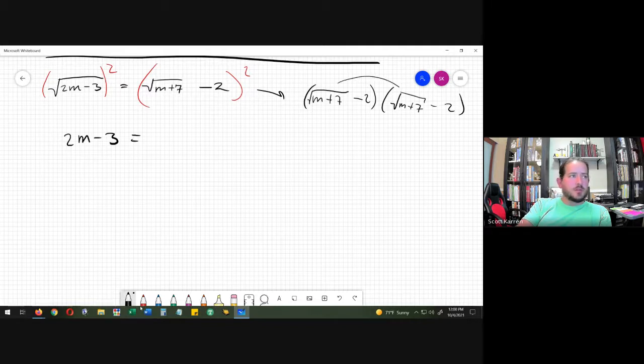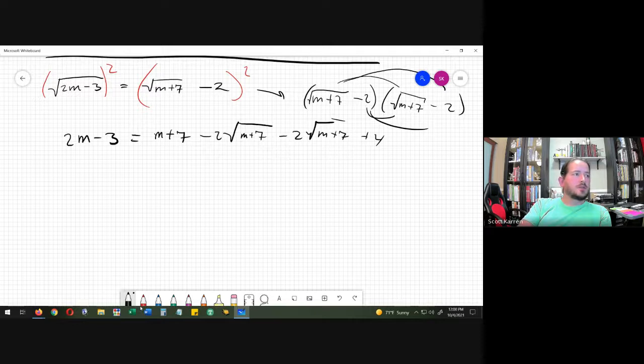The roots multiply, that gives you just m plus 7. And then minus 2 root m plus 7, and then minus 2 root m plus 7 again, and then plus 4.